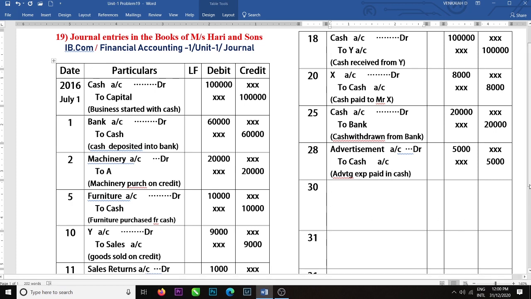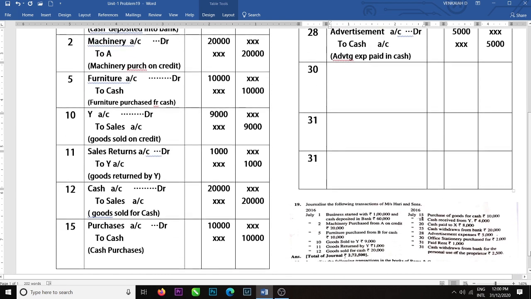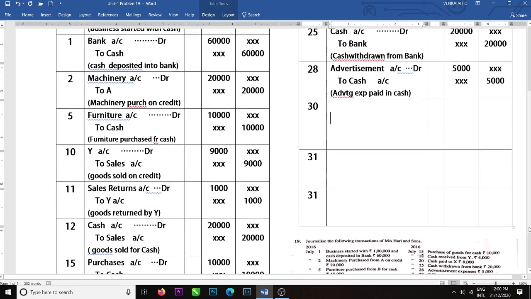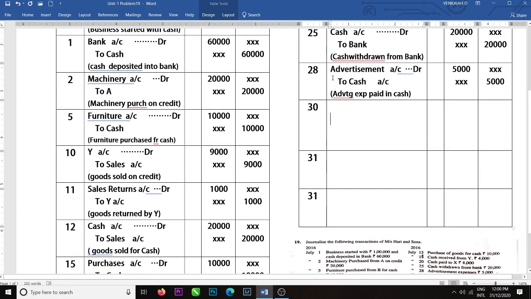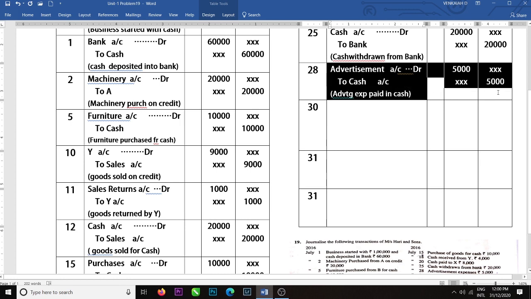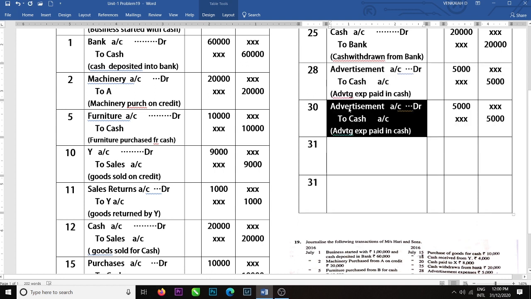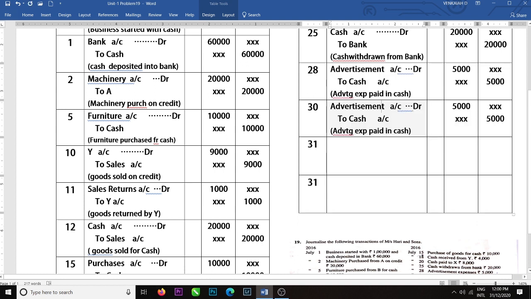Next entry: office stationery purchased for 2,000. Office stationery is also an expense. So the entry is stationery account debit to cash account.